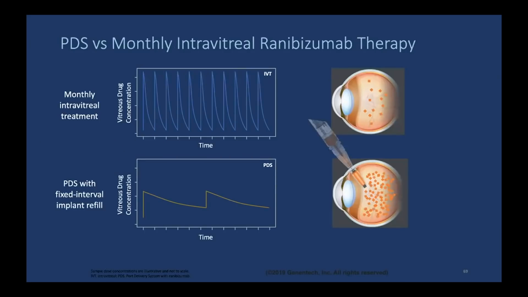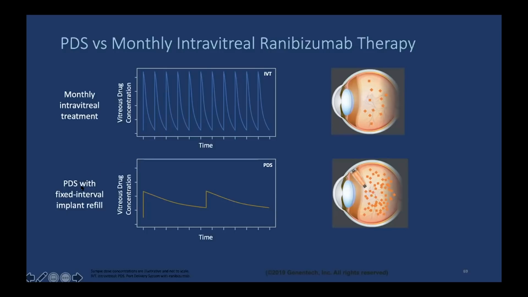And one of the theoretic advantages is that with the port delivery system, there's less fluctuation in the vitreous drug concentration. So you can see here with the standard monthly treatment in the office with an intravitreal injection, there are peaks and troughs in the concentration of ranibizumab within the eye.